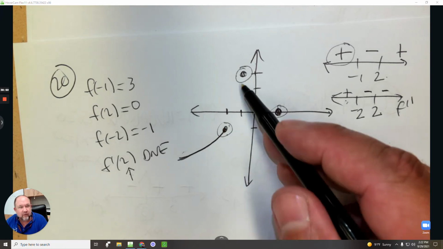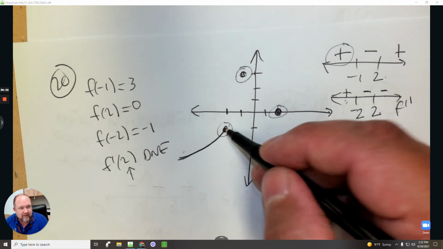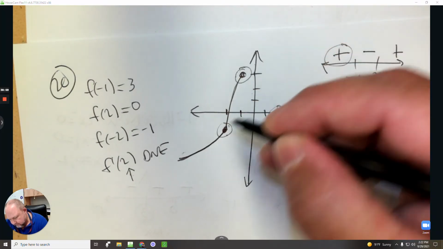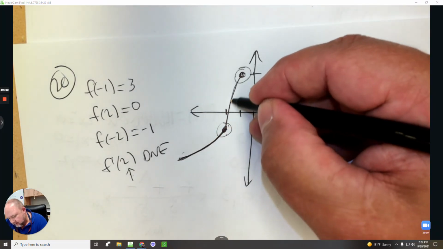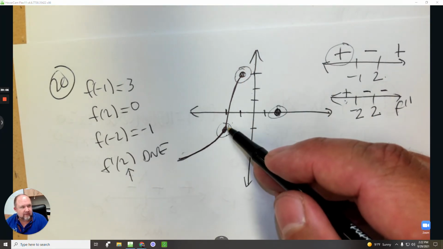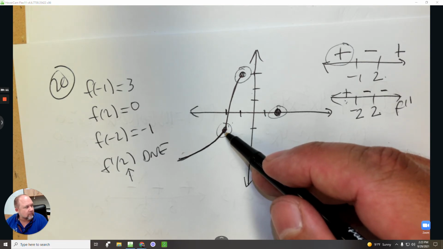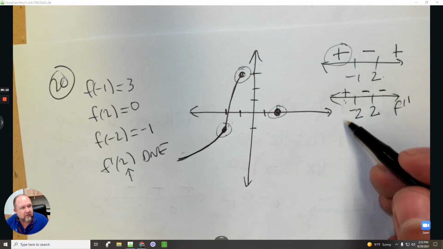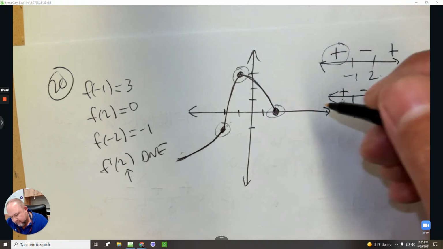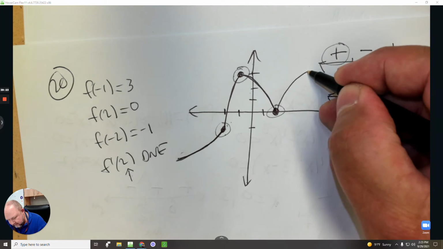So what point is it? So here's -1, sorry. So it's concave up here, and then it's concave down. So concave up, concave down, and it's increasing. And it's concave down to 2. And then after 2, it's still concave down, but increasing.